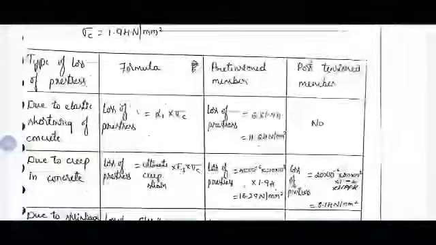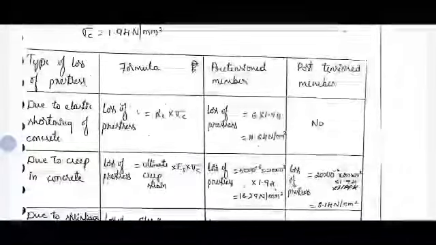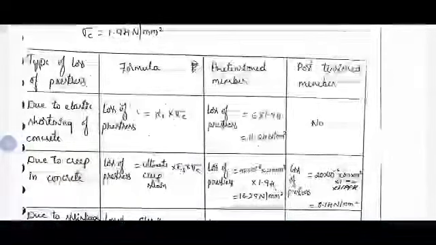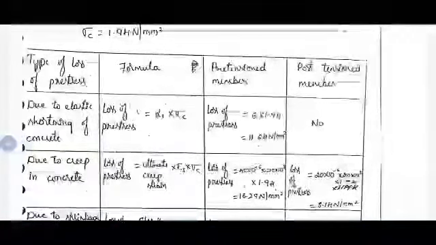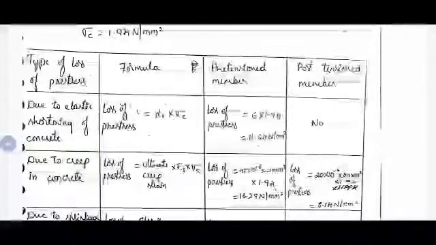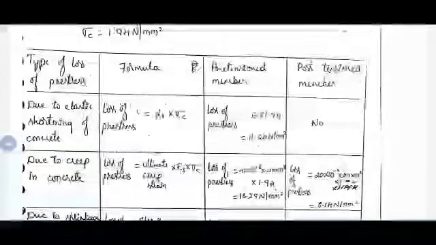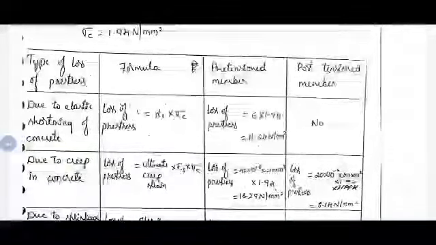If we have a number of cables and we apply the pre-stressing force one after the other, then only we will have loss due to elastic shortening. Since we have only one cable, there is no loss due to elastic shortening, so it is no.